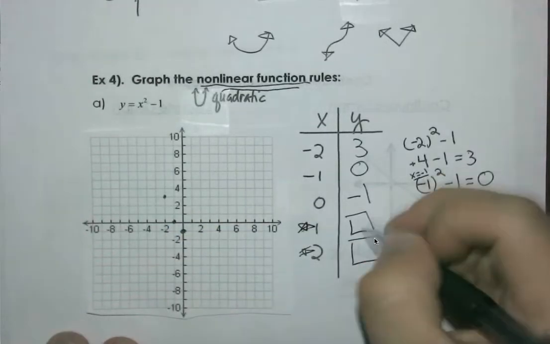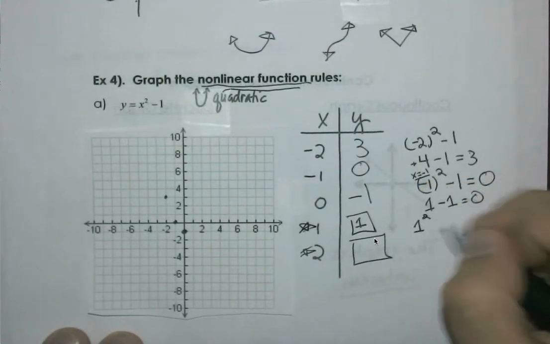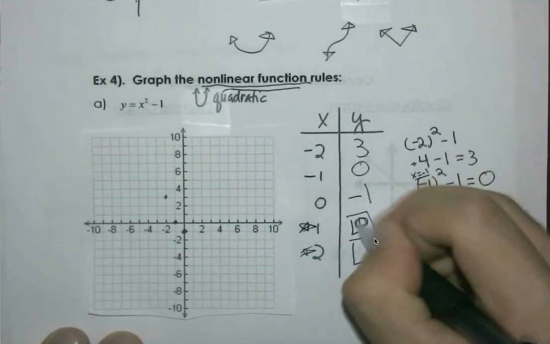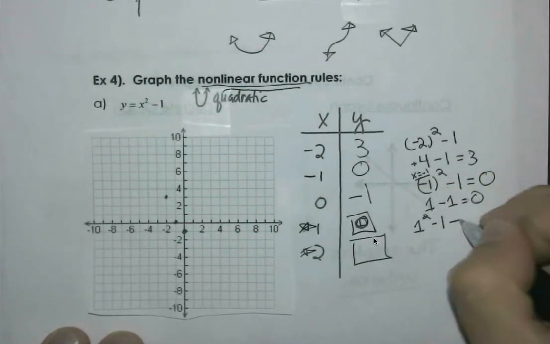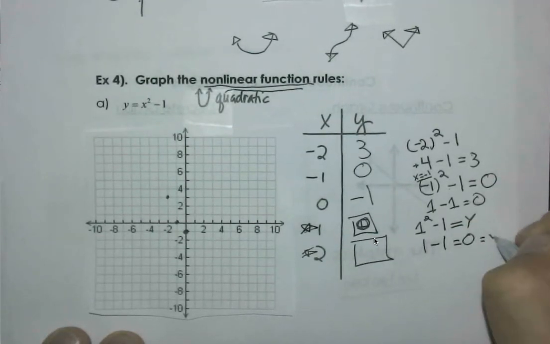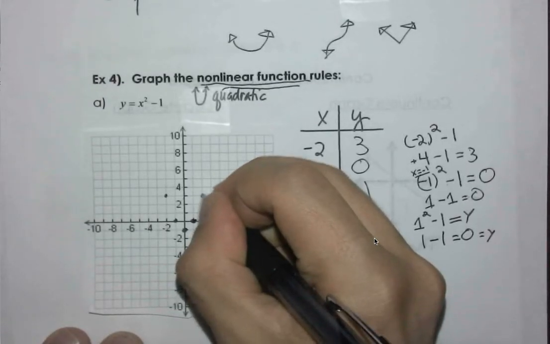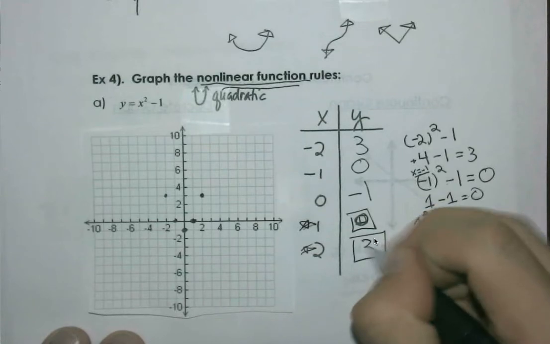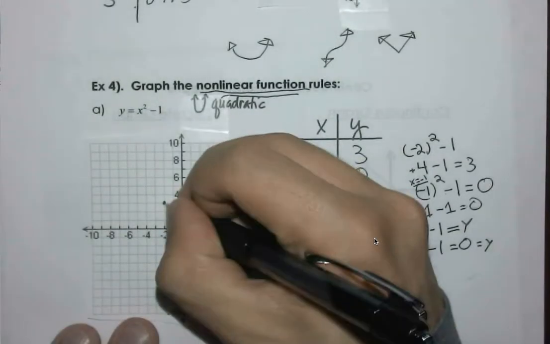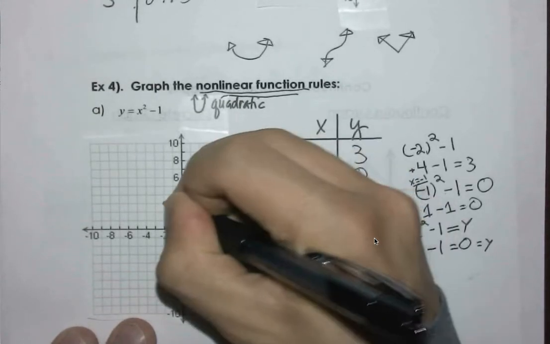So 1 squared minus 1 equals y, but 1 squared is 1, so 1 minus 1 actually gets you 0. And then you should also be saying 2, 3. Done deal. And we'll graph this out because we want to highlight on all the values in between. We'll use arrows to show that this keeps going.